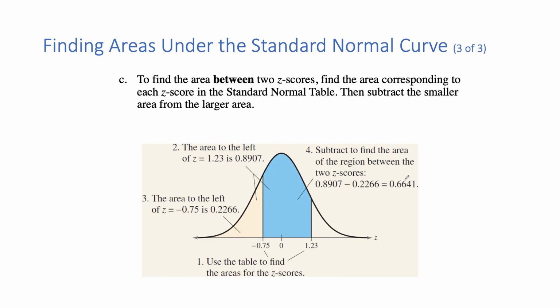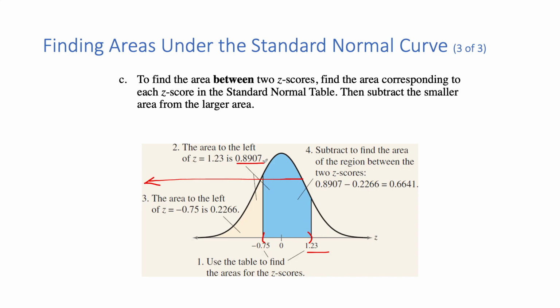The last thing is basically about finding areas between two different points, in certain regions. So suppose I want to find the area between negative 0.75 and 1.23. Okay, all right. So what would I do? I would go to the table, I would look up 1.23, and it tells me that the area to the left of 1.23 is 0.8907.